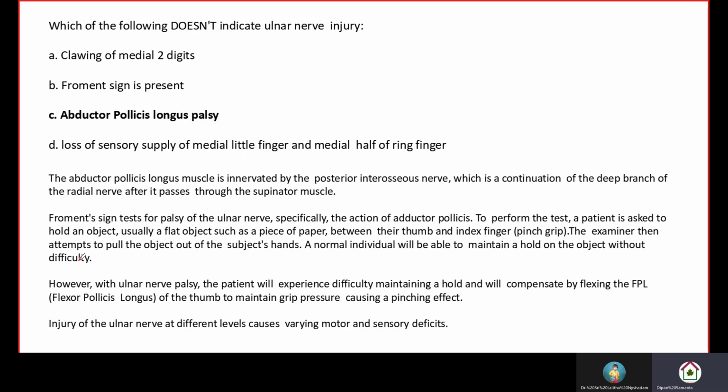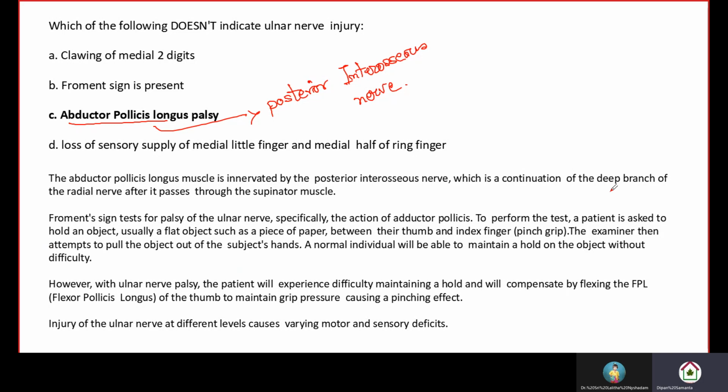Abductor pollicis longus muscle is innervated by the posterior interosseous nerve.